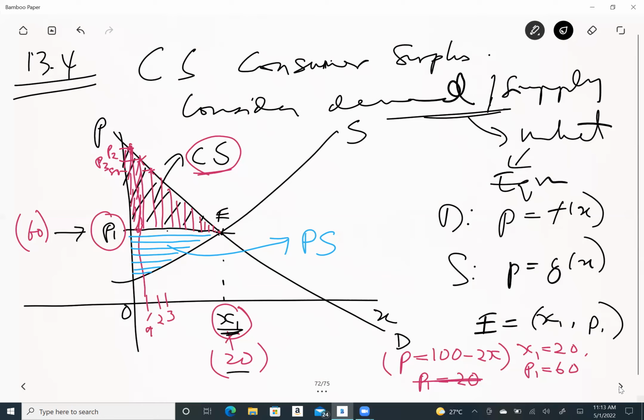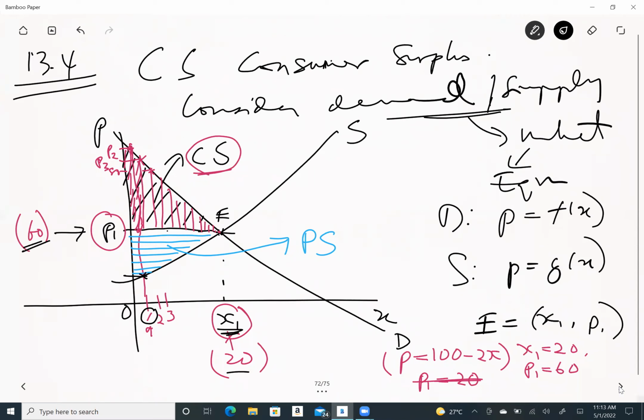So for the first unit, like before, like consumer supplies. For the first quantity, X equal to 1, I sell it in the market. How much do I get? I get 60. But what is the price I'm willing to sell? That is the price on the supply function.